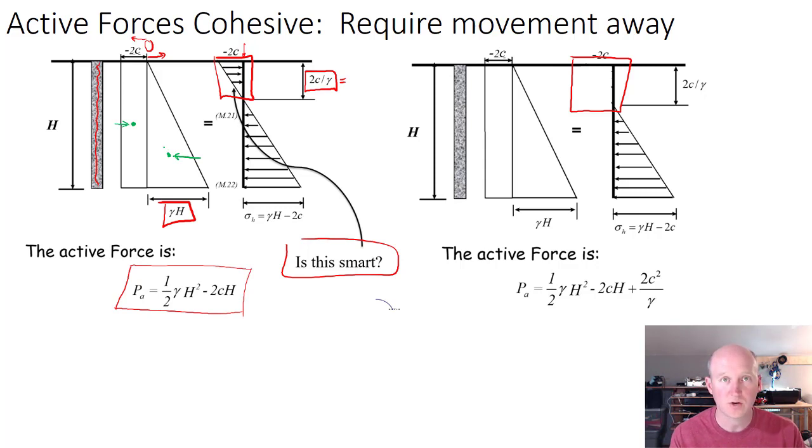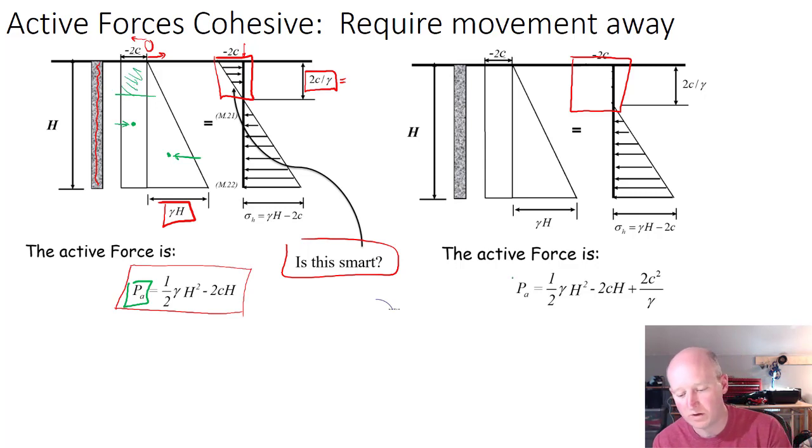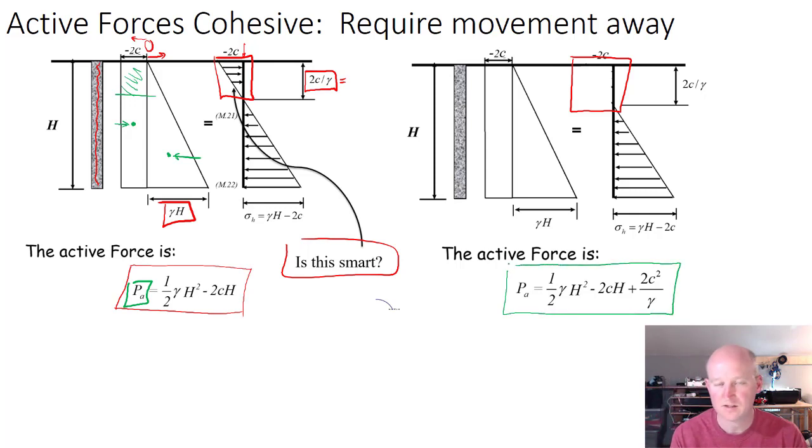If you do the subtraction on those two, this is the equation. But if we discount the component up here, then we end up with an equation that looks like that. That's the one that we should be using, because it's a conservative value, and it takes into consideration the possibility of a tension crack opening up as opposed to a suction force.